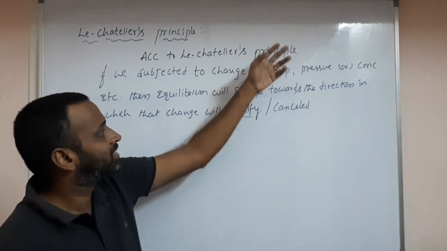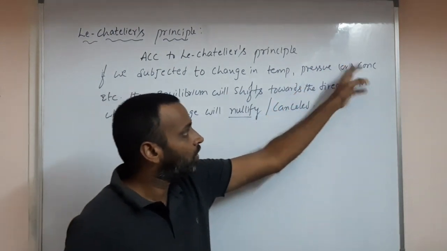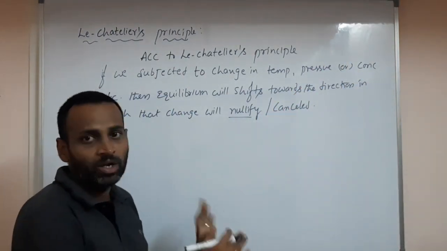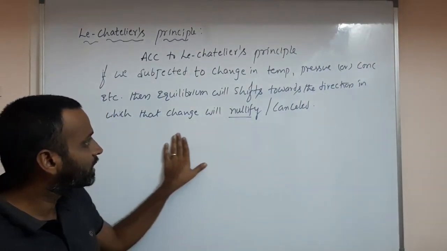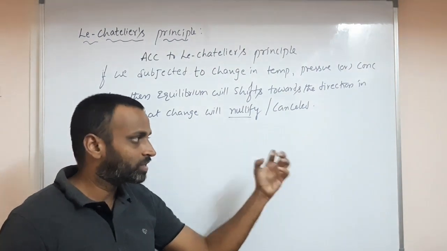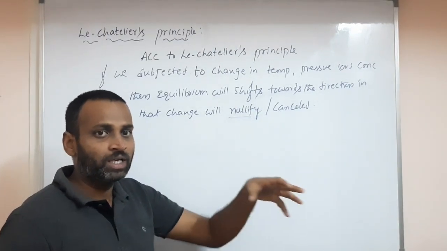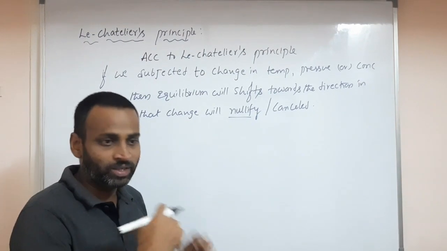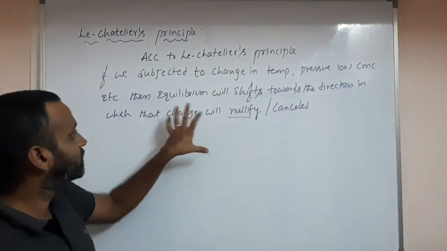If we increase or decrease temperature, pressure, or concentration, the equilibrium will shift in the opposite direction. Suppose we increase the temperature, then the equilibrium will shift in the direction that absorbs heat. That means whatever temperature we increased has to be cancelled, so it will move in that direction. This is very important.